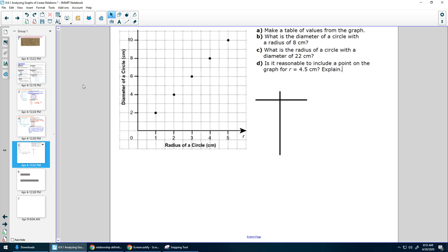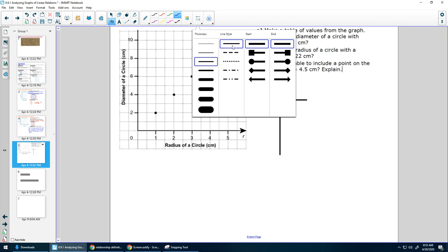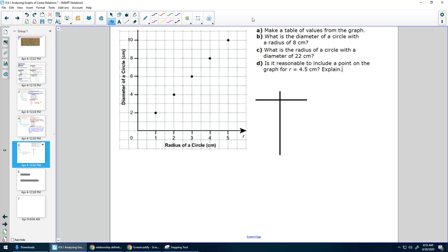So make a table of values from the graph. Step 1. Remember, first column's got to be our x. In this case, that's r for radius. And this is going to be d for diameter. We're going to make a table of values.